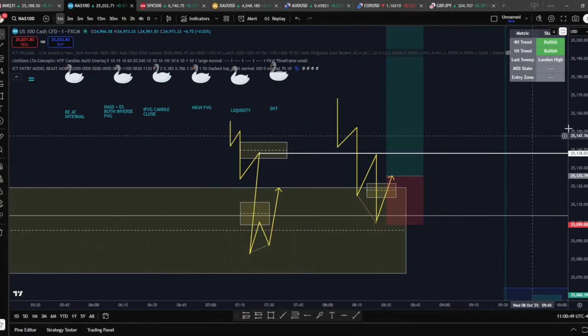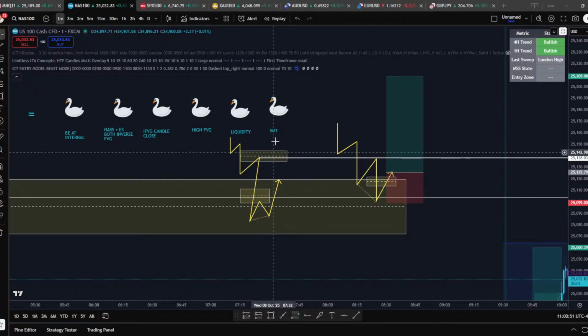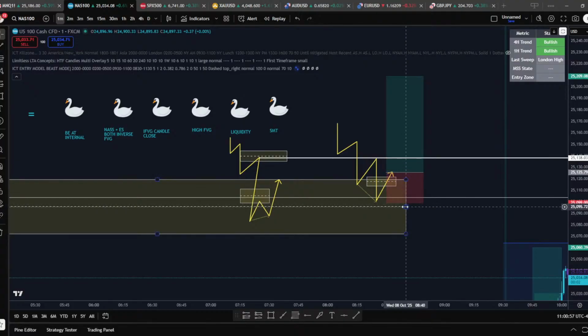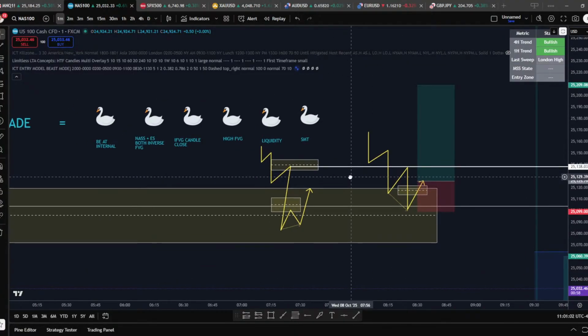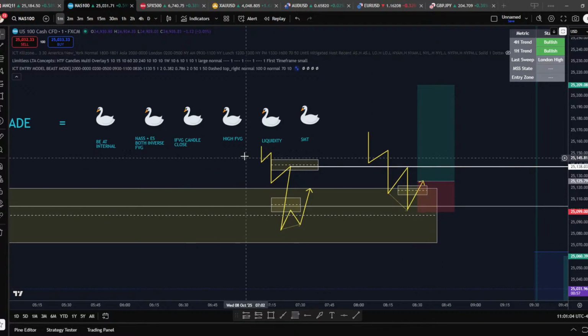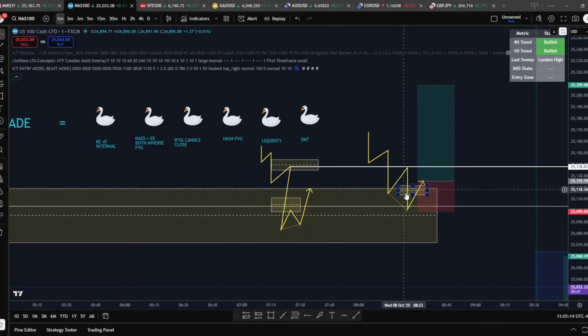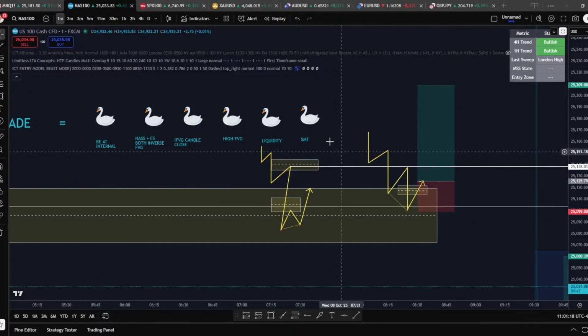If all the ducks are in a row and there's a huge SMT and it's such an important sweep on liquidity, like external liquidity that is juicy as hell, okay? And you have multiple higher time frame fair value gaps. I'm talking about a 4 hour, a 1 hour, a 15, all in the same place. And you deliver from it hard. So you bounce off it and you inverse.